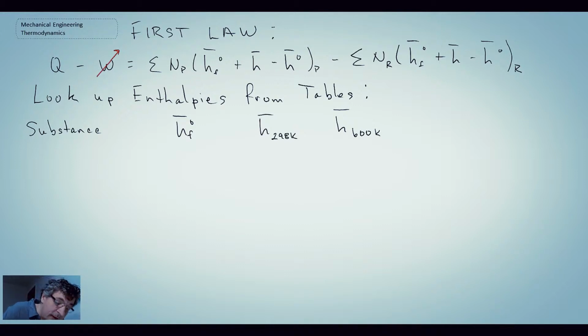So let's begin. What we have is octane gas, or C8H18, and that is in the gaseous state. When we look up the tables in the back of the book, I'll just write the numbers out and then we'll use them in the next part. Now for this one, we don't need to do anything because this is a reactant coming in. It's not a product, so it's coming in at 25 degrees C, and we can neglect the 600 Kelvin term.